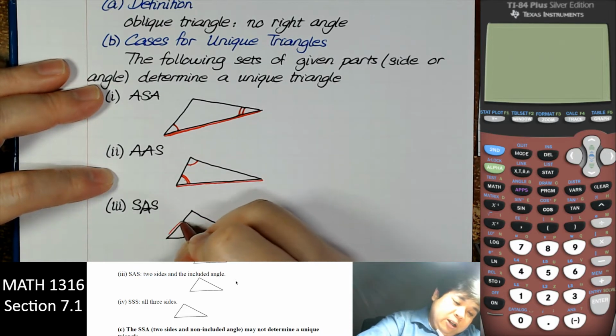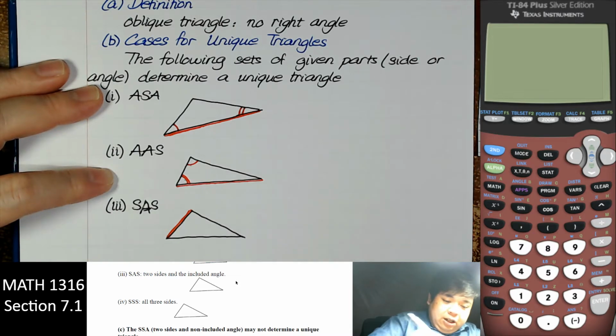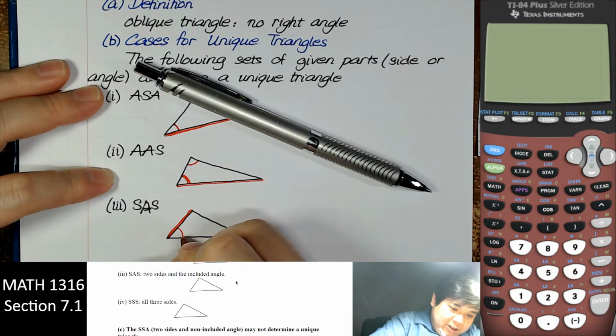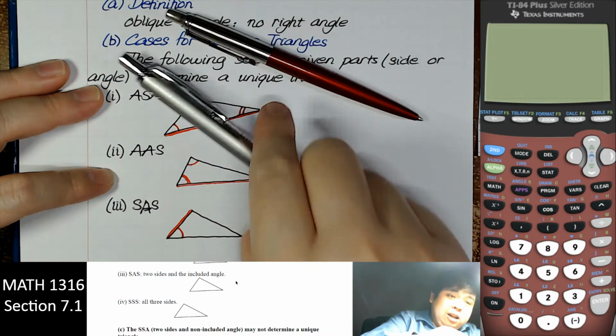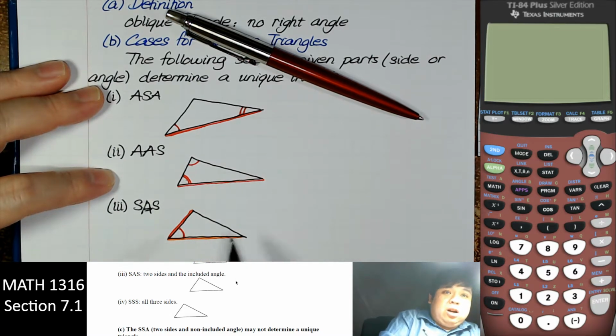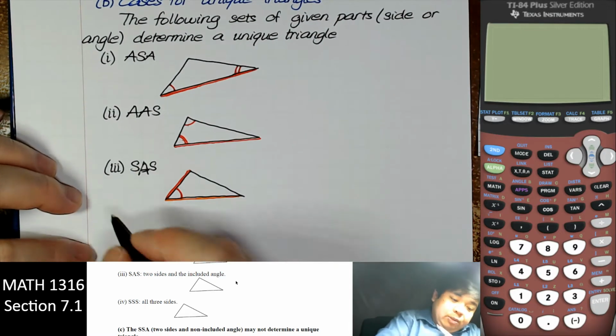We know a side, an angle in the middle, and then the other side. So side, angle, side. When we know these three pieces of information, we will have a unique solution.